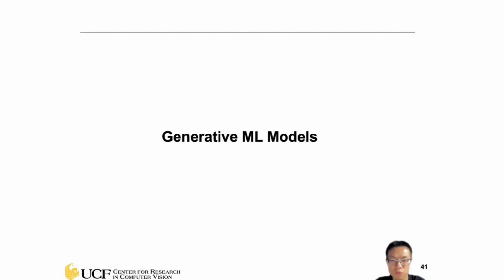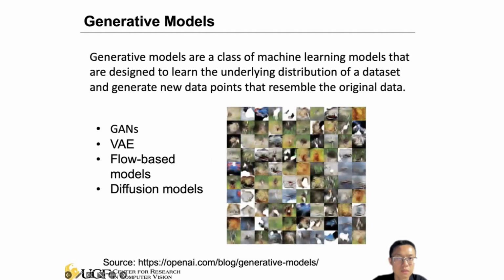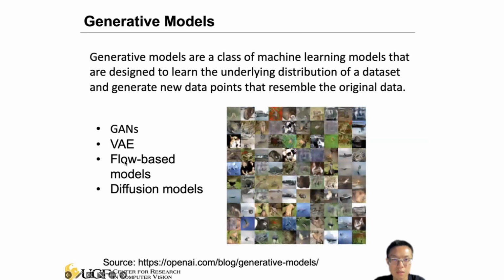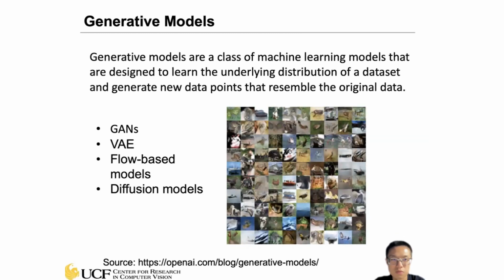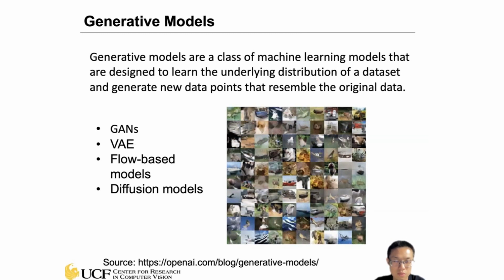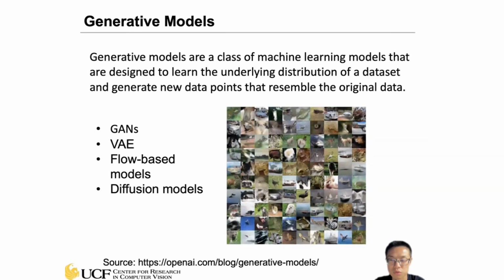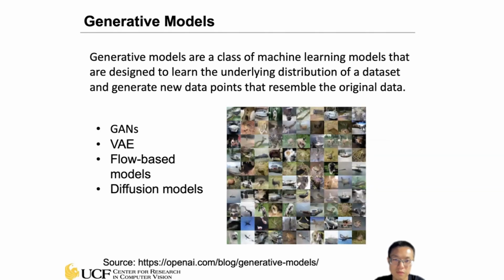Finally, I also want to briefly mention these generative machine learning models, which I think all of you believe are getting a lot of attention in the AI world, right? So generative models are basically a class of machine learning models designed to learn the underlying distribution of a data set, right?